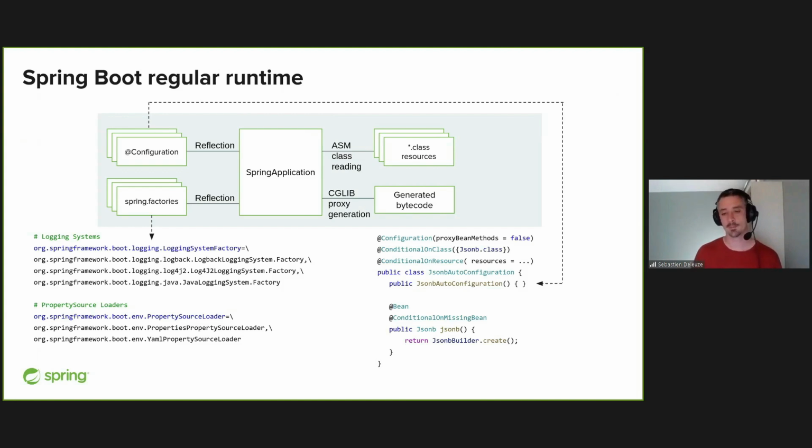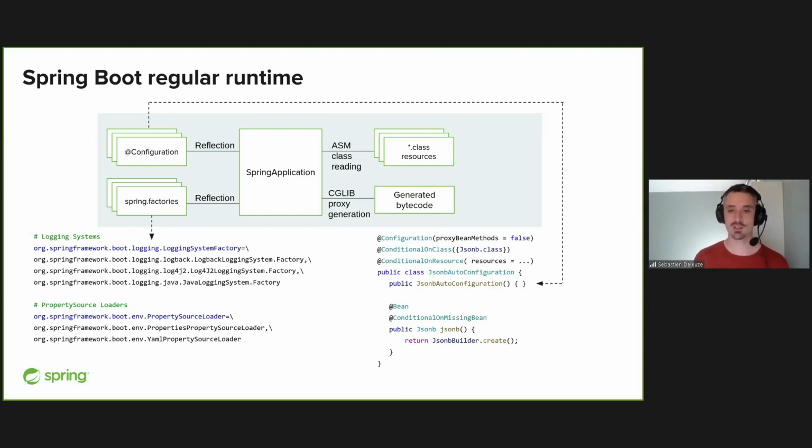Those are the information that allows Spring Boot to know if this auto-configuration should be taken into account for this application or not. We have done a lot of optimization in Spring Boot to make that super fast at runtime, but that still happens at runtime in this mode. So a quick filtering is done via ASM, and then for the retained candidates, Spring Boot is using reflection to load the configuration classes and create the relevant beans.